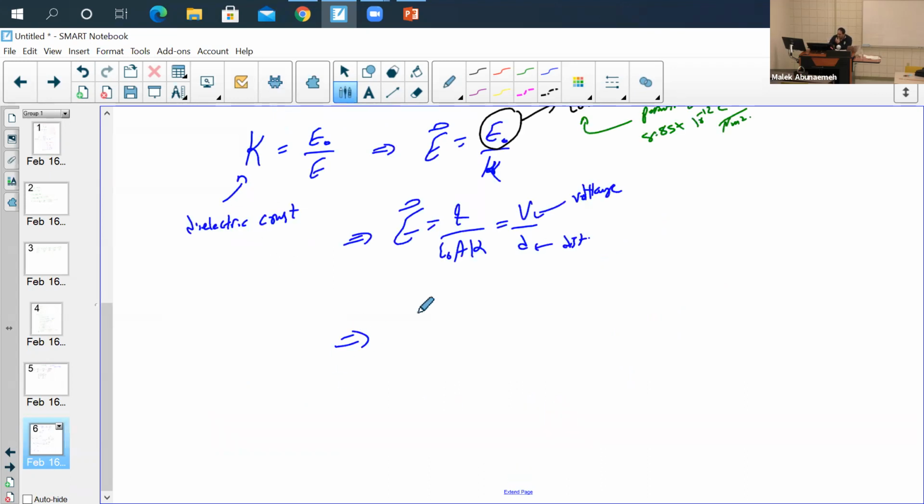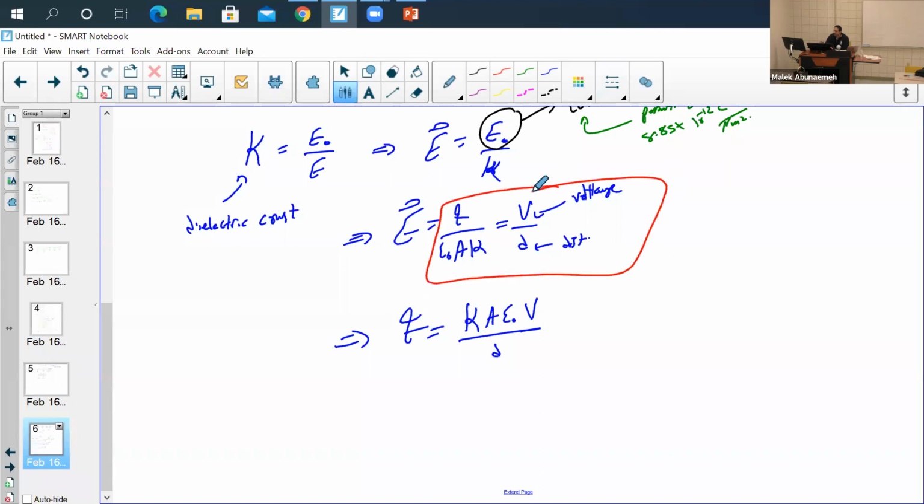That means if you solve it for your charge, you're going to have your dielectric constant multiplied by the area, multiplied by your epsilon naught, multiplied by your voltage, divided by your distance.